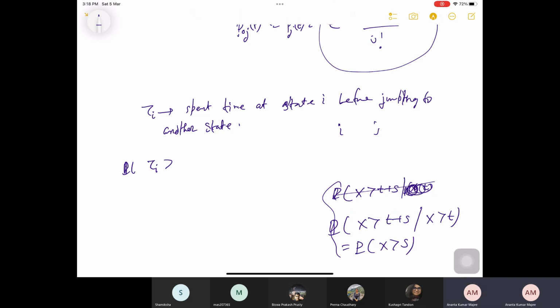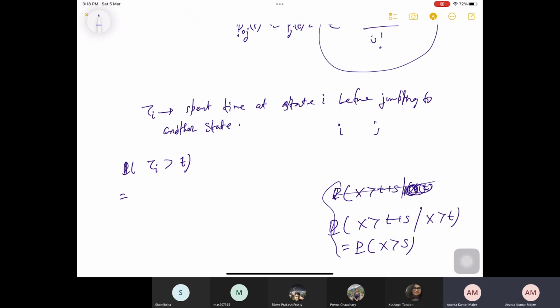How to check that part? For that, I need the time homogeneity, the homogeneous property of the continuous time Markov chain. And we know that probability of A intersection B given something is the same as probability of A given something, given B. In particular, if I consider the probability of tau i greater than t, what is the meaning of that?